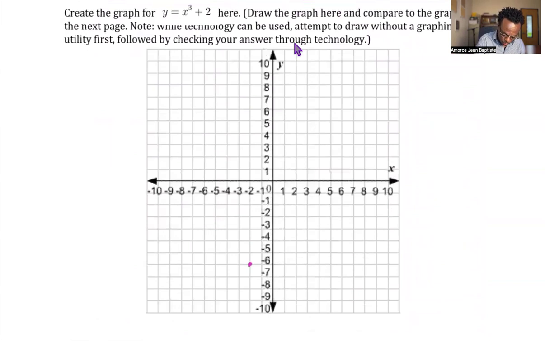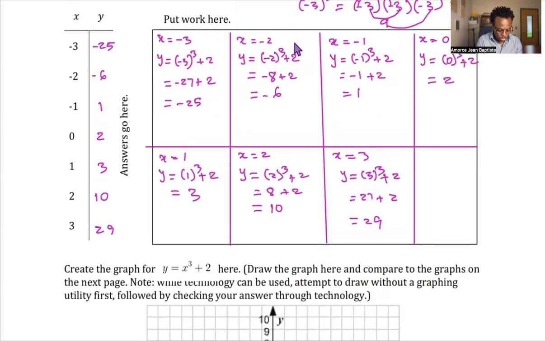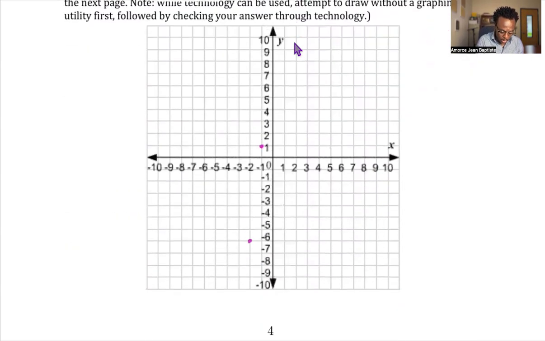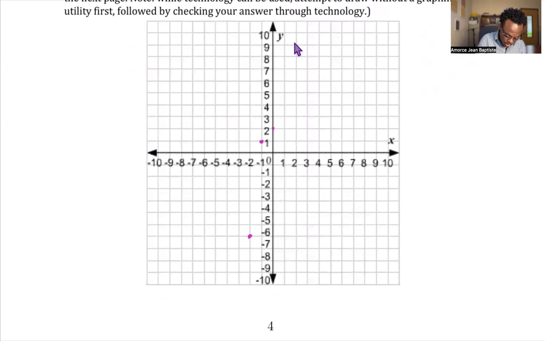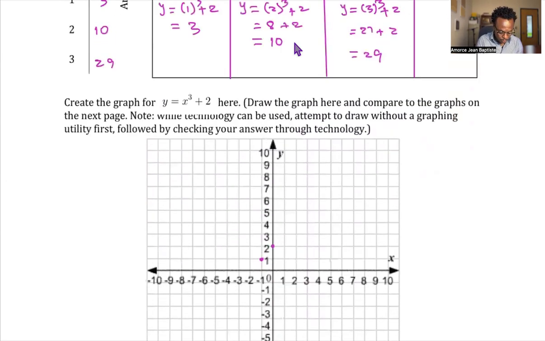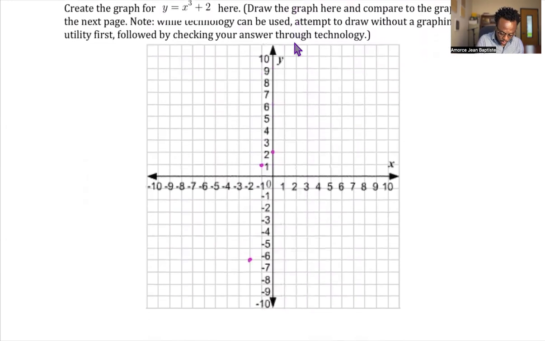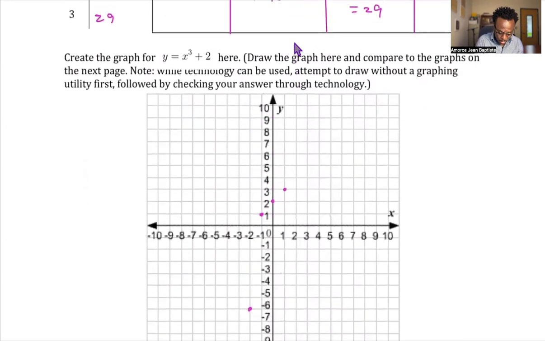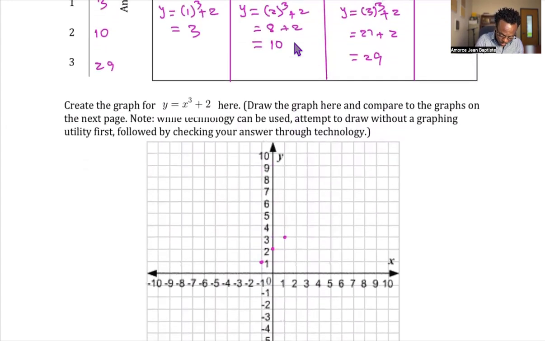X equals -1, y equals 1. It's here. X equals 0, y equals 2 right here. Then 1, 3. And then 2, 10. +2 is 10 up here.